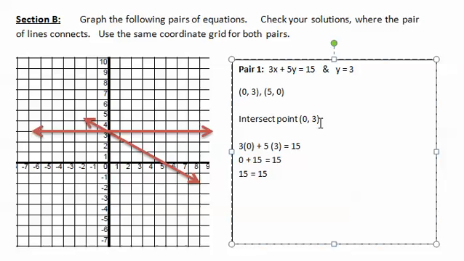So what we've done here in summary is we've taken both equations and graphed them, and then we've taken that point of intersection, which is 0, 3, and substituted those values, 0 for x and 3 for y, back into our original equations to make sure that they work, so that we know we graphed them correctly. And we have.